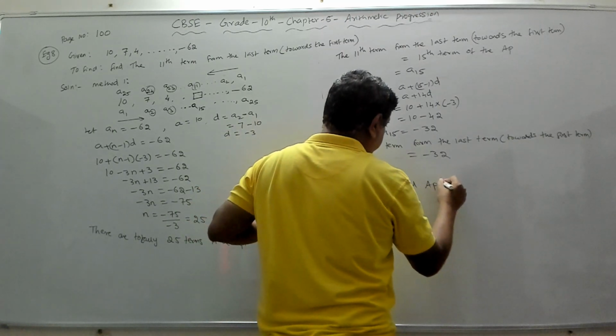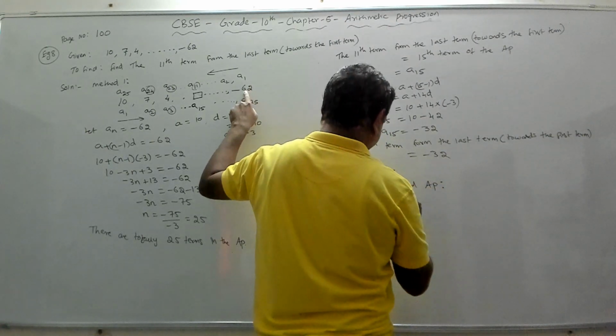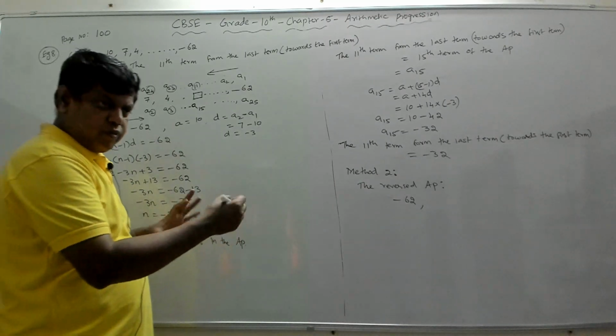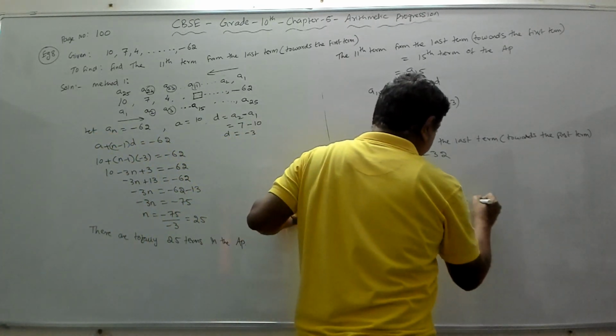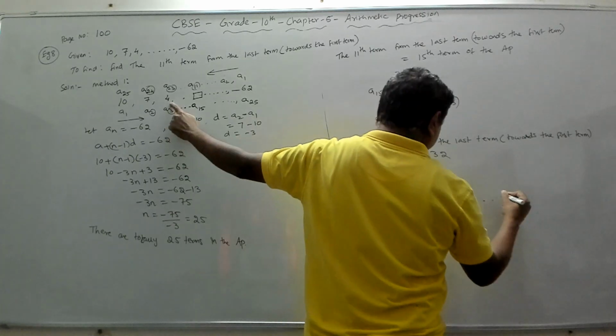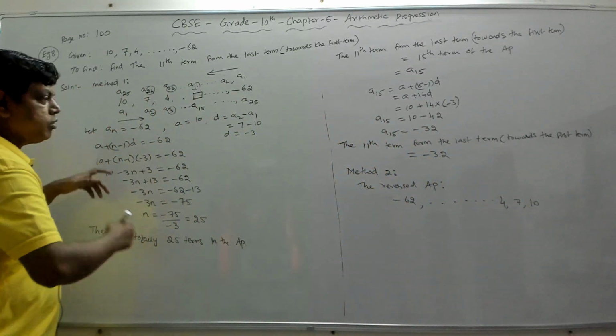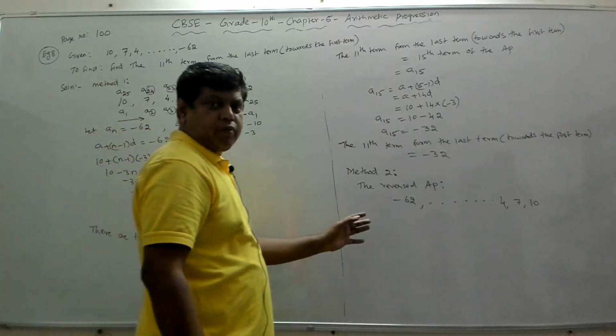What is the reversed AP? You should write the first term as minus 62, comma. Then we don't know the next terms, so we'll put dot dot dot, and then 4, comma 7, comma 10. Now we have reversed the AP.